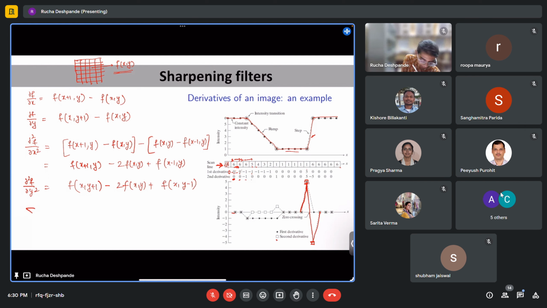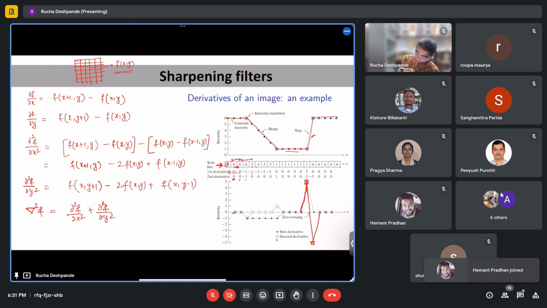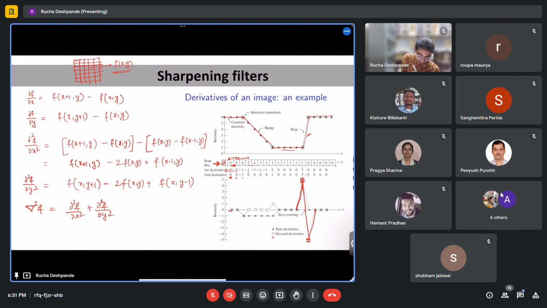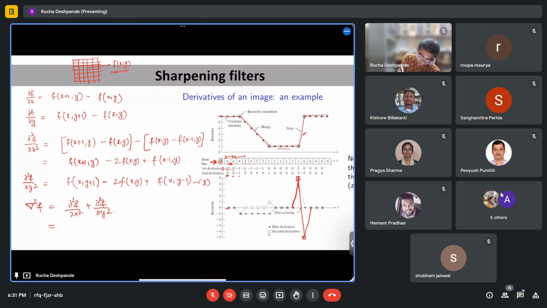The Laplacian filter is given as the sum, so we add 1 and 2. So we get f of... I hope this is clear.